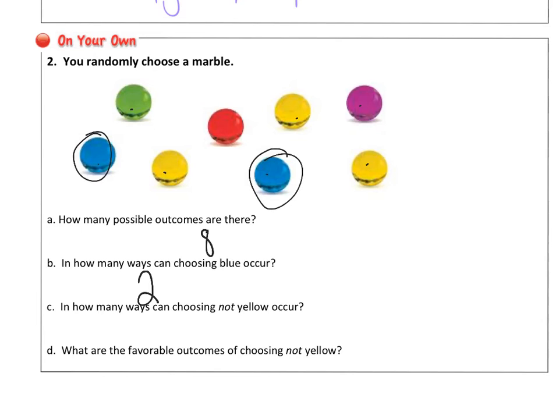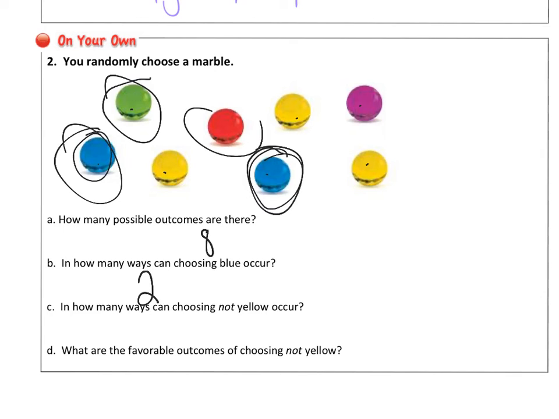Next, in how many ways can choosing not yellow occur? So I'm going to keep circling from the 2 blue because those are not yellow, and I'm going to circle all the other ones that aren't yellow. Don't circle the yellow ones. Now count up how many aren't yellow. So 1, 2, 3, 4, 5.